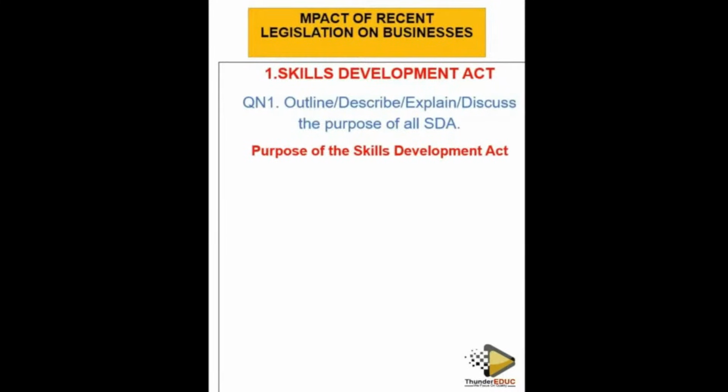Why is the act being established? What are the objectives of establishing this act? What are the aims of establishing this act? What was the government expecting to achieve when developing this act?